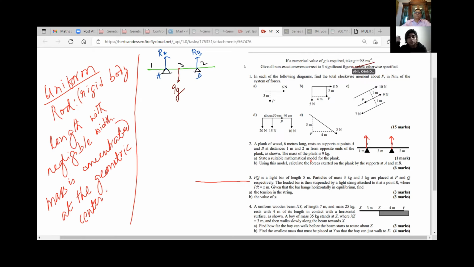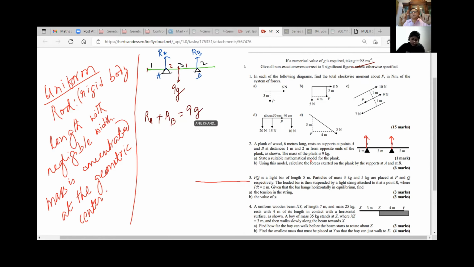Since the length is 6 meters, it will be 3 meters from here, so 2, 2, and 1. Do you understand this part? Okay. Now to find the reaction, we know RA and RB, and their sum, we resolve vertically. Vertically, all the forces are in equilibrium, so it is 9g. Is that okay?